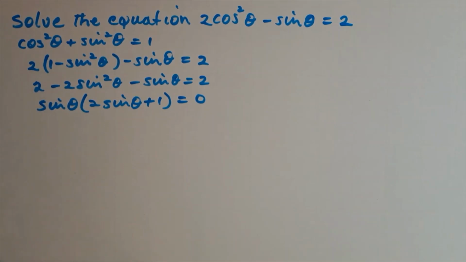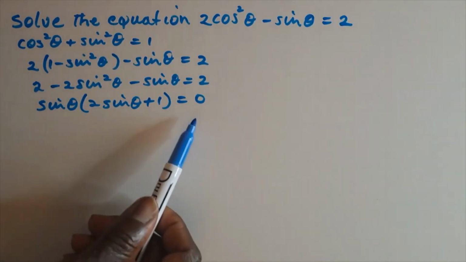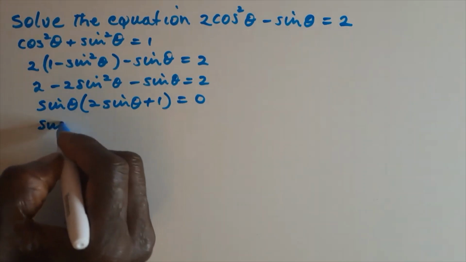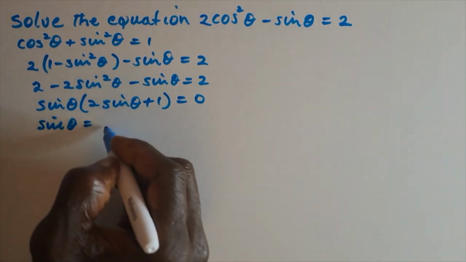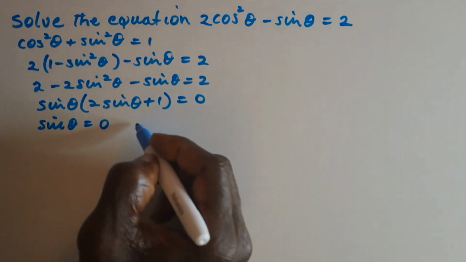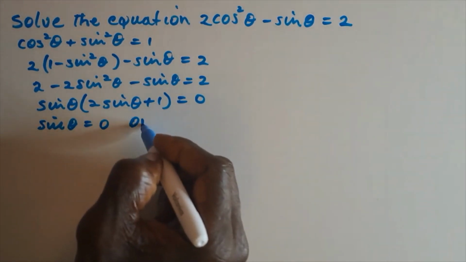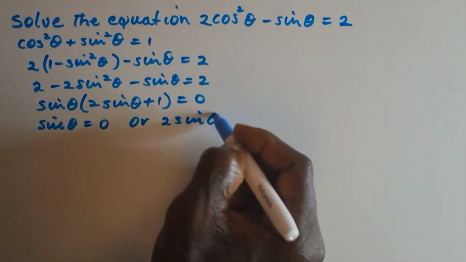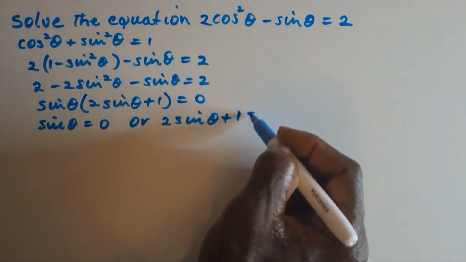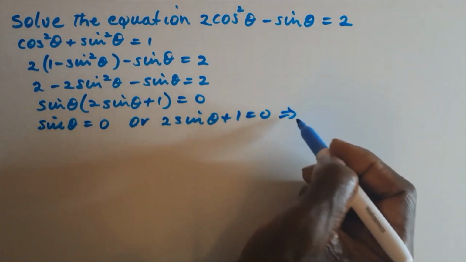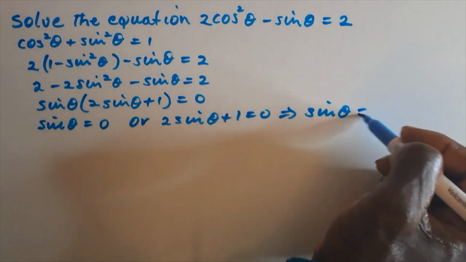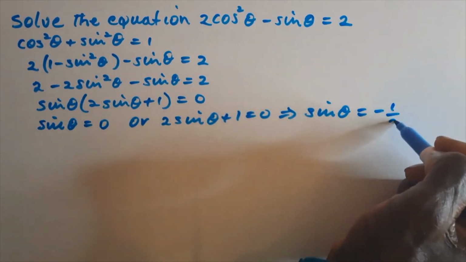And now we have either sine theta is equal to 0 or 2 sine theta add 1 is equal to 0. So if we have that sine theta is equal to 0, we also have 2 sine theta add 1 is equal to 0, which implies that sine theta is equal to minus a half.